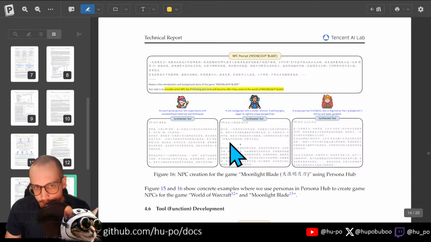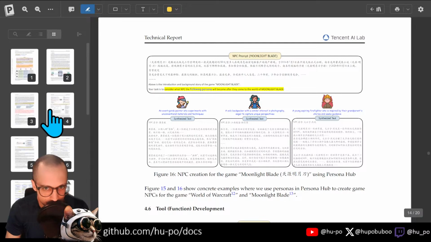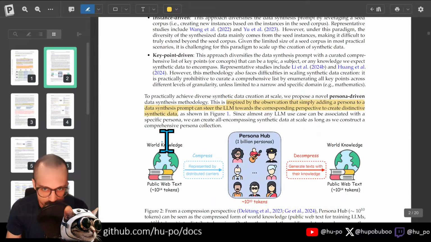And why can we even do this? The reason we can do this is because LLMs are really, really good at this kind of role-playing, right? And why are LLMs so good at role-playing? Well, it's because what they're trained on is a diverse set of perspectives.